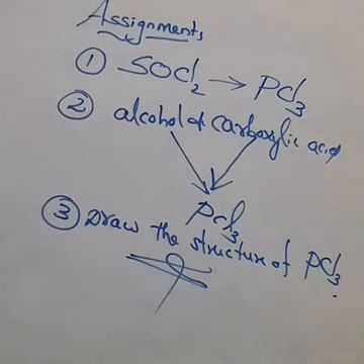So today you have to learn the preparation of phosphorus trichloride from thionyl chloride, then some reactions of phosphorus trichloride with ethyl alcohol and also carboxylic acid. And one more point, the structure of phosphorus trichloride.